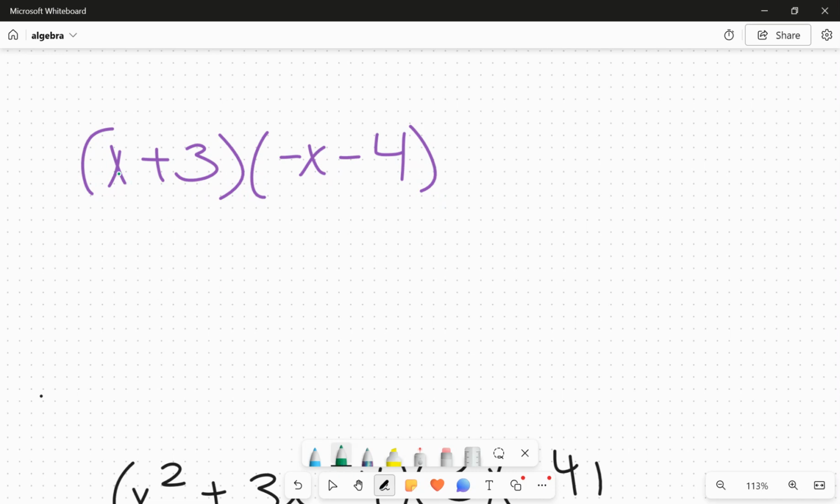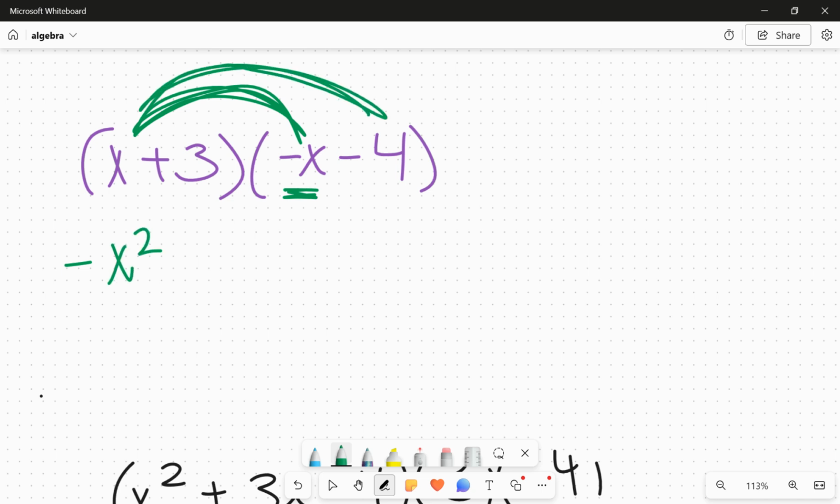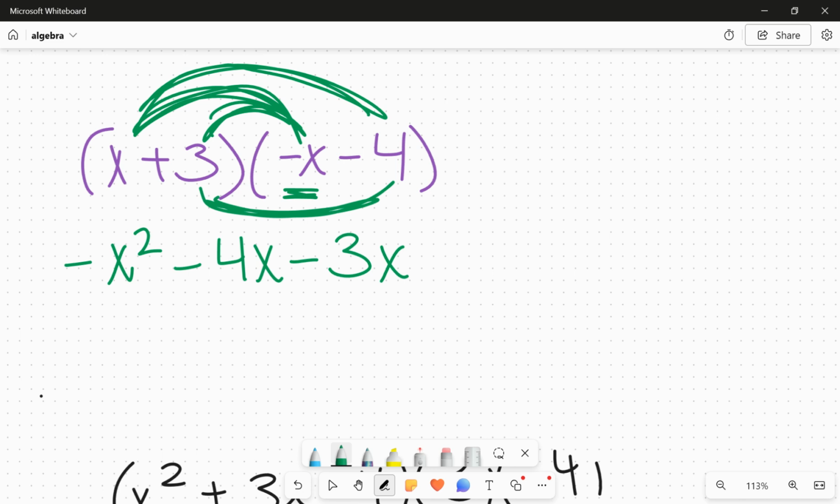Just adding another aspect into it. I added a negative here on the x, so we're adding another step, right? So our first, right, FOIL first, -x squared, outer, -4x, inner, -3x, last, -12.